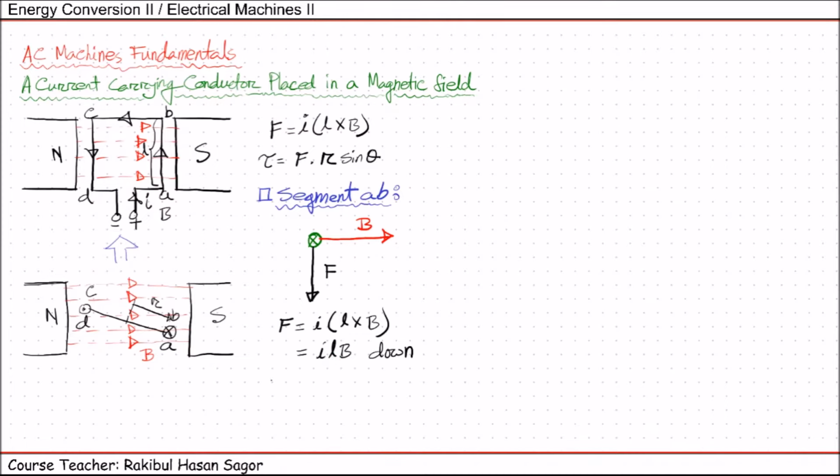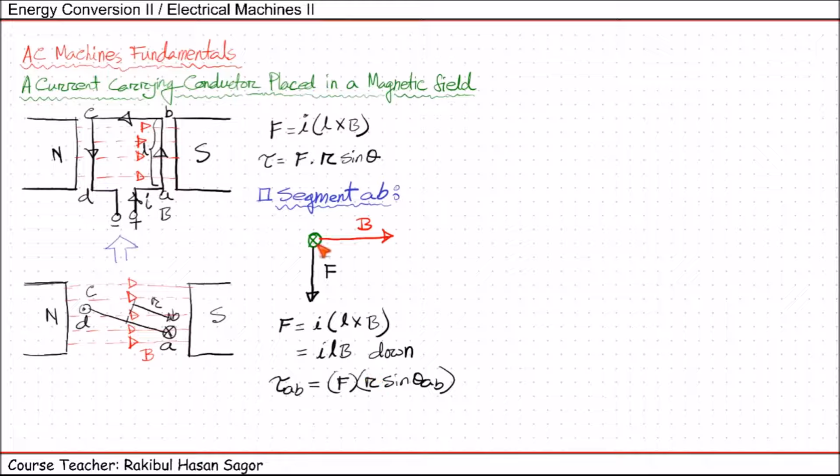Hence the resulting torque tau AB for AB section will be F into R sine theta. Theta can be written as theta AB, the angle difference between this R vector and F vector.